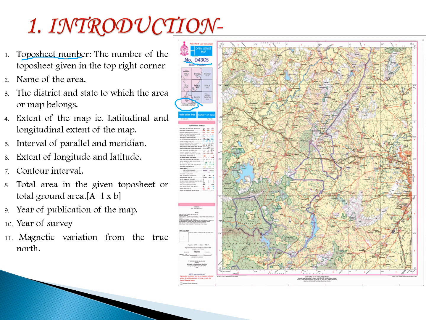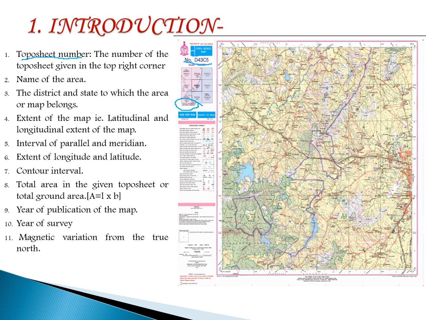Then the extent of the map, that is longitude and latitude. I have told you how to write the longitude and latitude of the map by seeing here, right? The horizontal lines are latitudes. You have to start from the bottom, that is 15°, suppose 30 minutes to 16° 0 minutes.